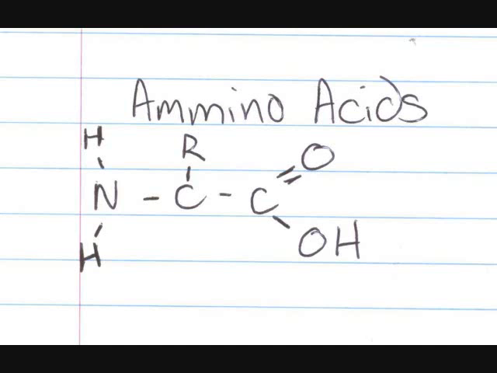Now, the carbon chain, of course, could be longer. The length doesn't really matter. But you're going to have a functional group off of one of the center carbons, a carboxylic acid terminating carbon, and then a nitrogen on the other end. So that's an amino acid. Okay, so far.